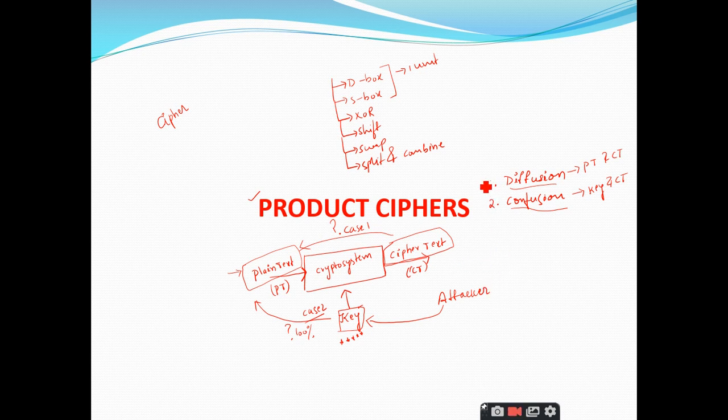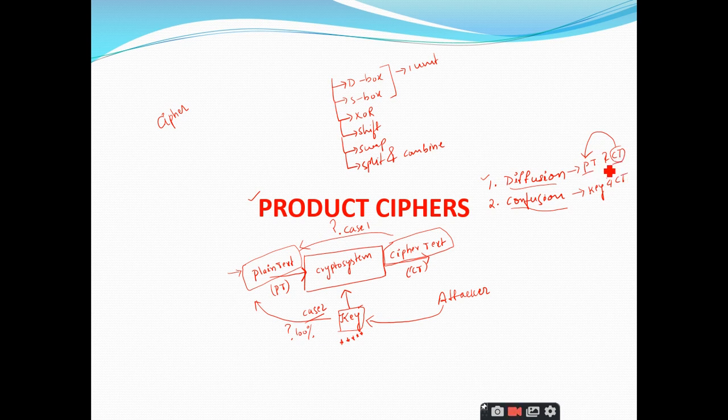Yes, sir. Right. So coming back to our actual discussion, where we left off with diffusion, right? Diffusion gives the relationship between the plain text and the ciphertext. That means this ciphertext is completely dependent on the plain text, right?